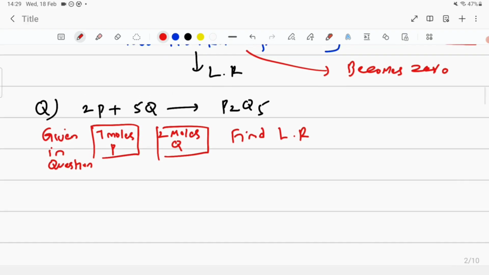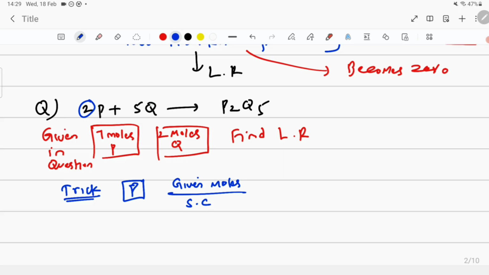But every time, instead of applying logic, you can use a simple trick to find the answer. For P, you write the given moles in the question divided by the stoichiometric coefficient. The stoichiometric coefficient of P is 2 and of Q is 5. So for P, given moles 7 by 2; for Q, given moles 2 by 5.